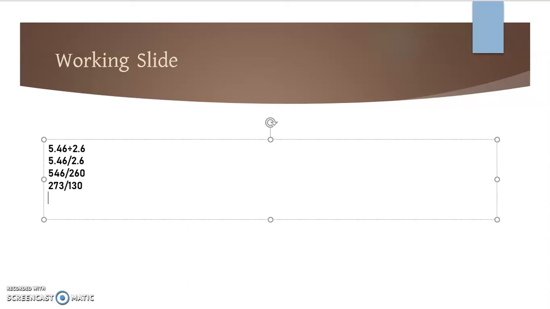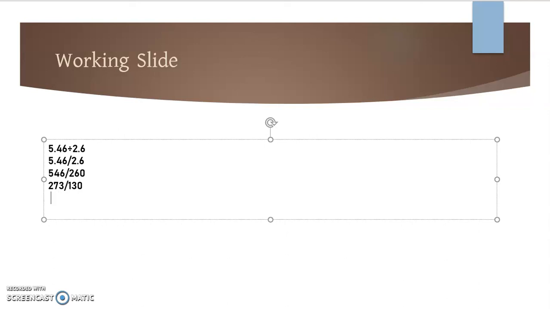I don't think we can divide this any further. 273 divided by 130. It's supposed to be above 2, because 130 into 2 is 260.